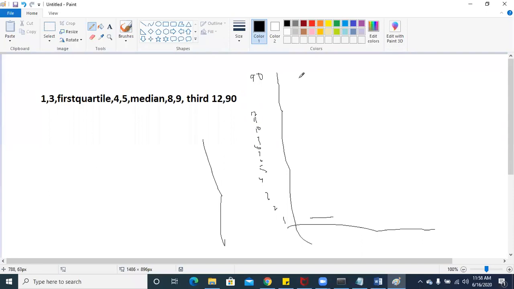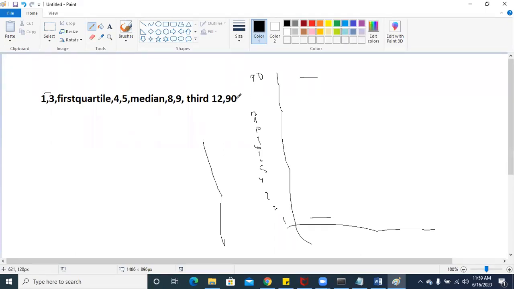90. Okay. But if you see this, the variance between these points and this is very high. Variance is nothing but the variation. The difference between this and the maximum point is somewhat less, but the difference between this and 90 is very high.